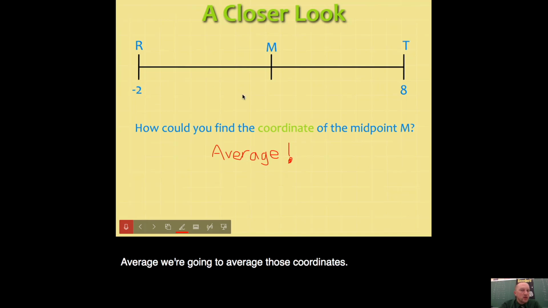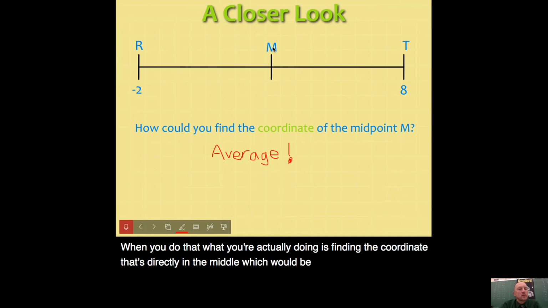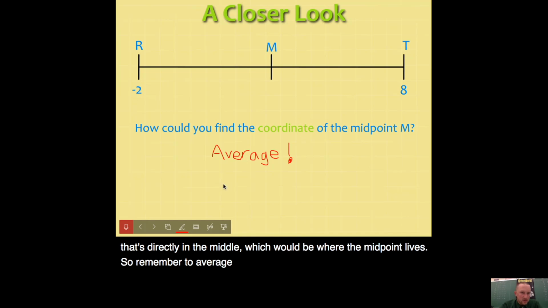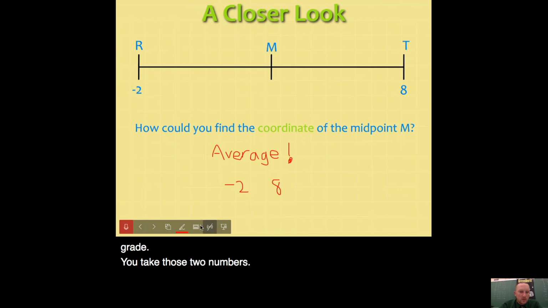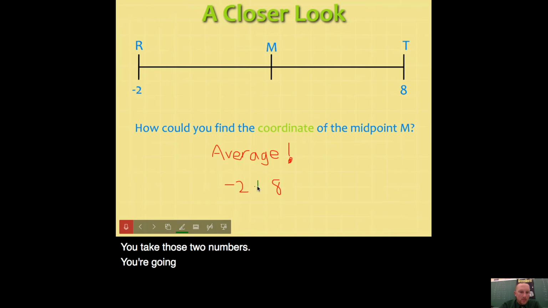When you do that, what you're actually doing is finding the coordinate that's directly in the middle, which would be where the midpoint lives. So remember, to average things, you did this probably in 4th or 5th grade. You take those two numbers, you're going to add them, and then divide by 2. -2 plus 8 is 6.